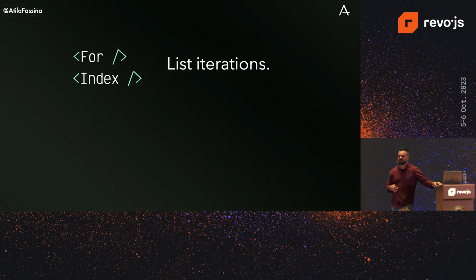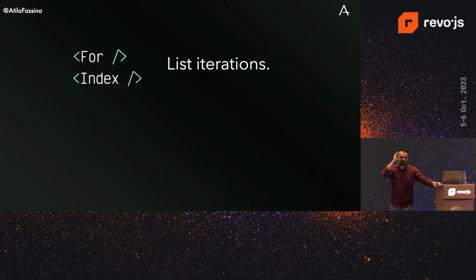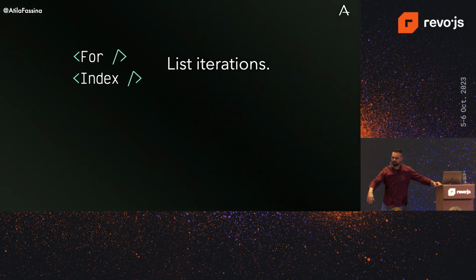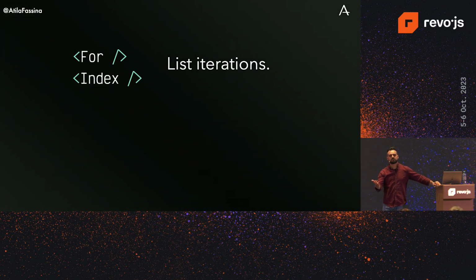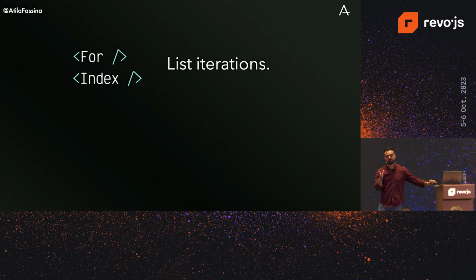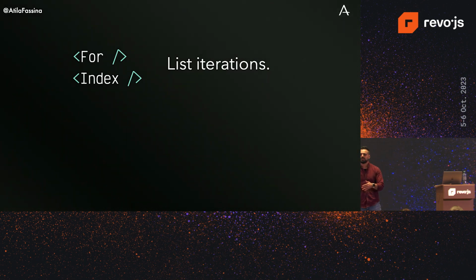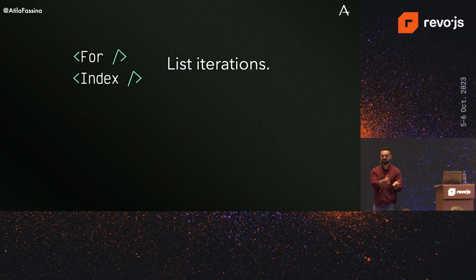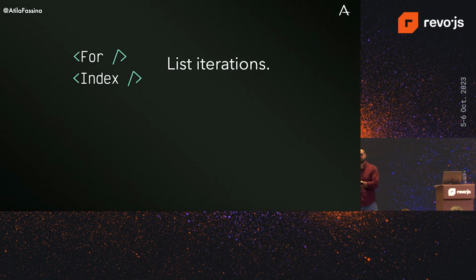We have, for example, list iterations. If you remember the pattern of ul.map and then you list a bunch of items, that works well for React, because what React does essentially is if you change one item in the list, you are going to render the whole list usually. On Solid, or on a fine-grained reactivity component, you don't want to do that.